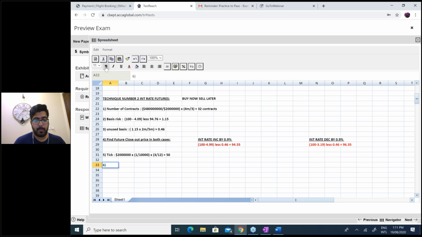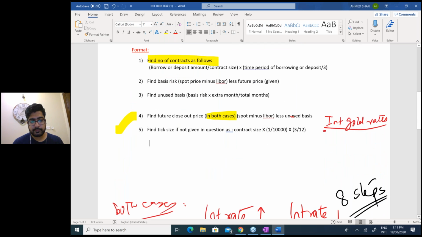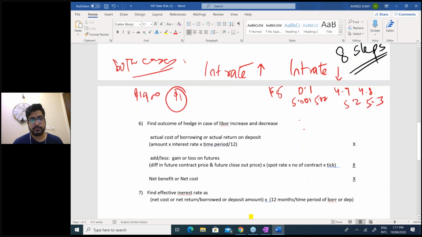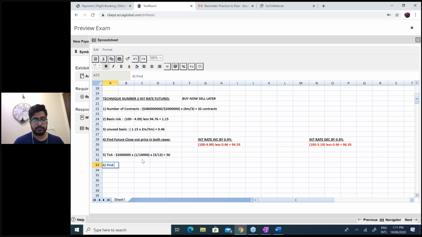Second last step. It states: find outcome of hedge in case of LIBOR increase and decrease. LIBOR is the interbank rate.